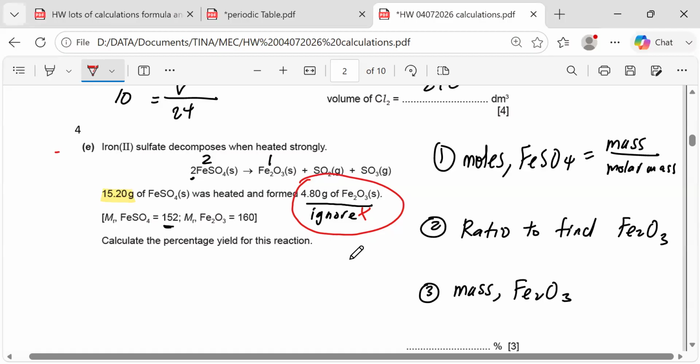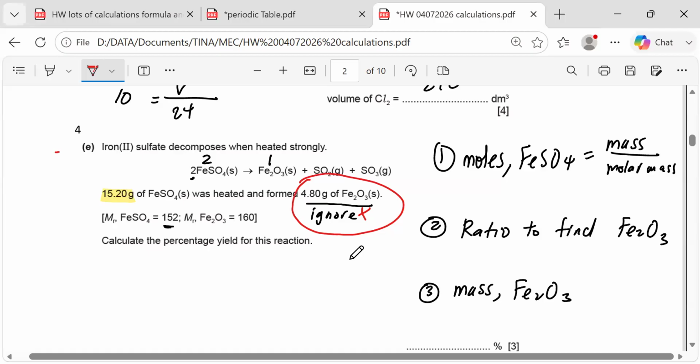Am I correct? Yeah. So you did it right. It's the other way around. 0.1.